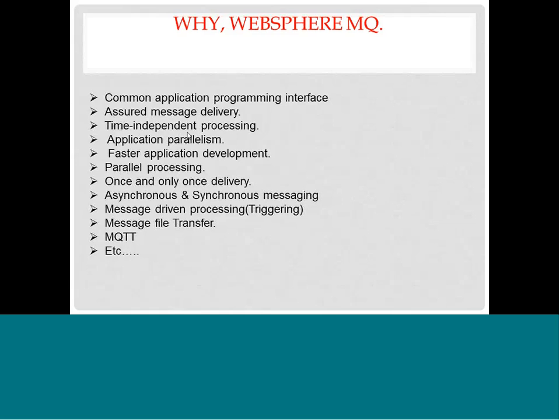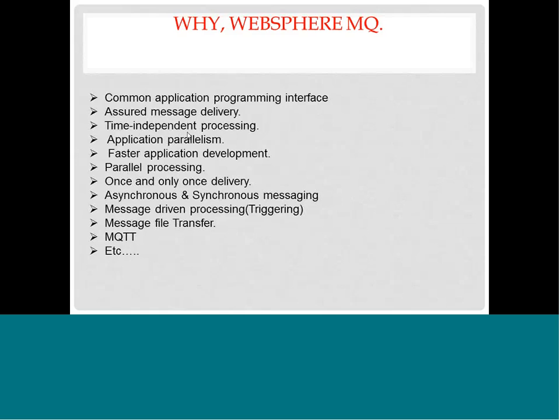Once the B application is available, it will process the request and send the reply back to the A application. Even the A application need not wait for the B response. It means A and B applications need not be in sync state with each other. Whenever they have free time, they can respond to either the request or the response. This is called asynchronous messaging. Both applications need not be in waiting status.